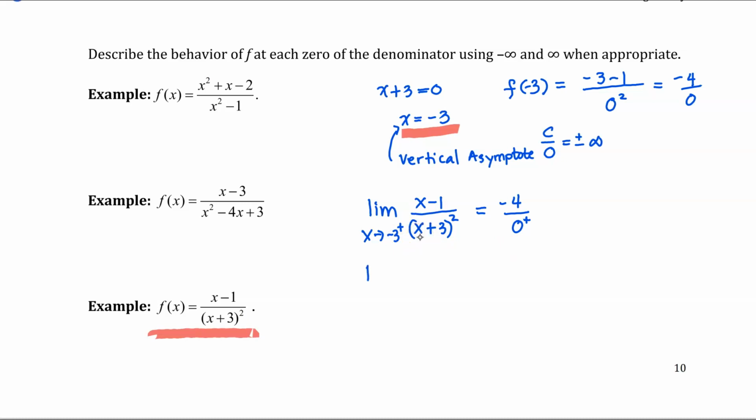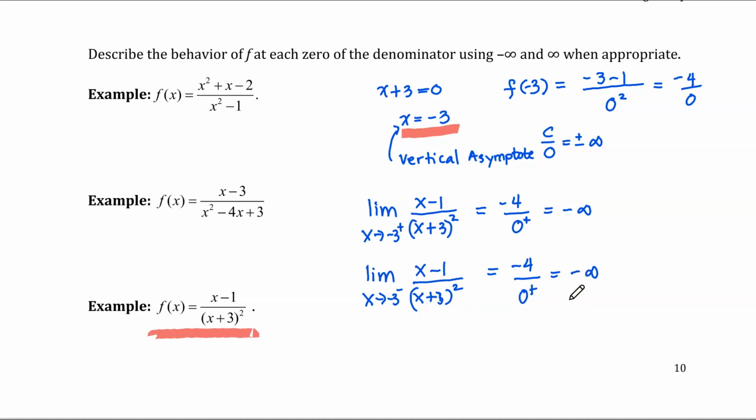So similarly, if you also get the limit of the same expression as x approaches -3 from the left, this would still result to -4 over 0 plus, because again, this expression here is raised to 2. So if you have -4 over 0 plus, that gives you -infinity. That means you have -infinity for both limits.